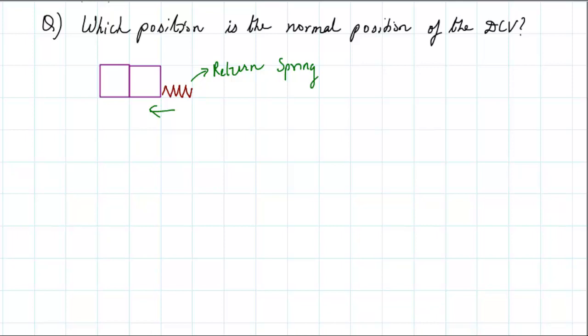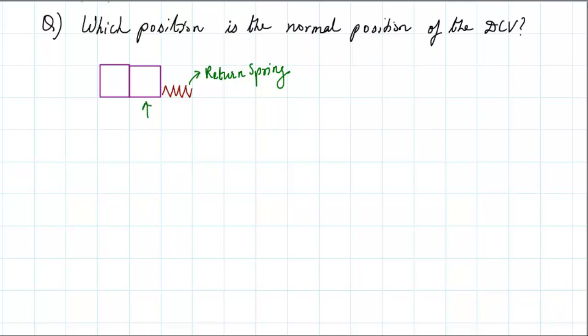Okay, so always the return spring in its normal position will define what the normal position is. That means, this return spring, sorry, I should write the return spring here. Whichever position is attached to that return spring, that position is called the normal position.